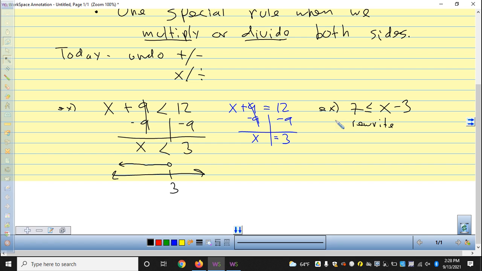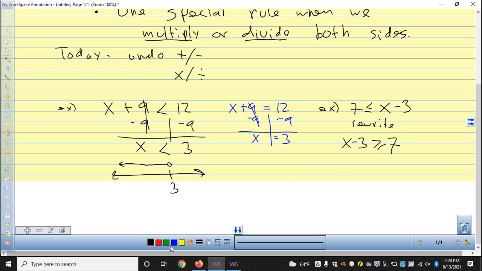I'm picking it up off the page and flipping it over. So when I do that, I get x minus 3 greater than or equal to 7. The arrow's pointing toward the 7 here. It has to stay pointing toward the 7 when I flip it over. So I'm just picking this thing up and flipping the whole thing over. To there.